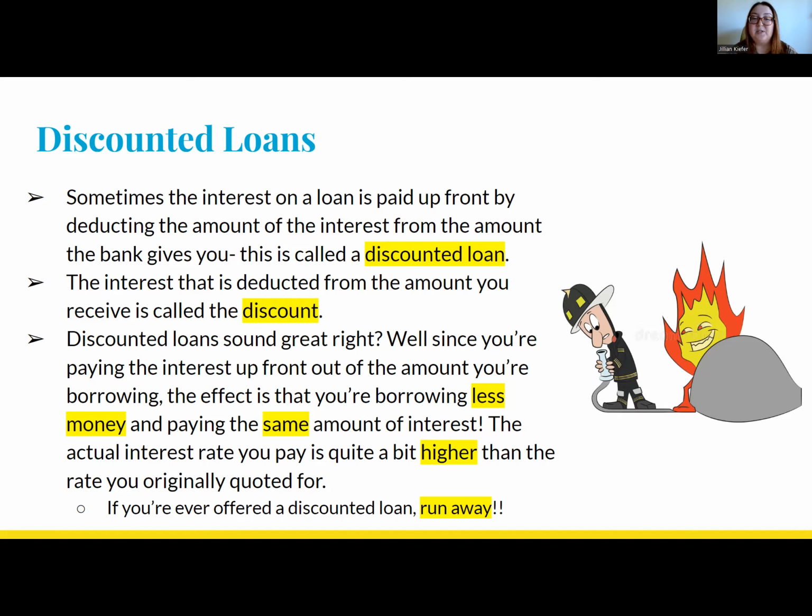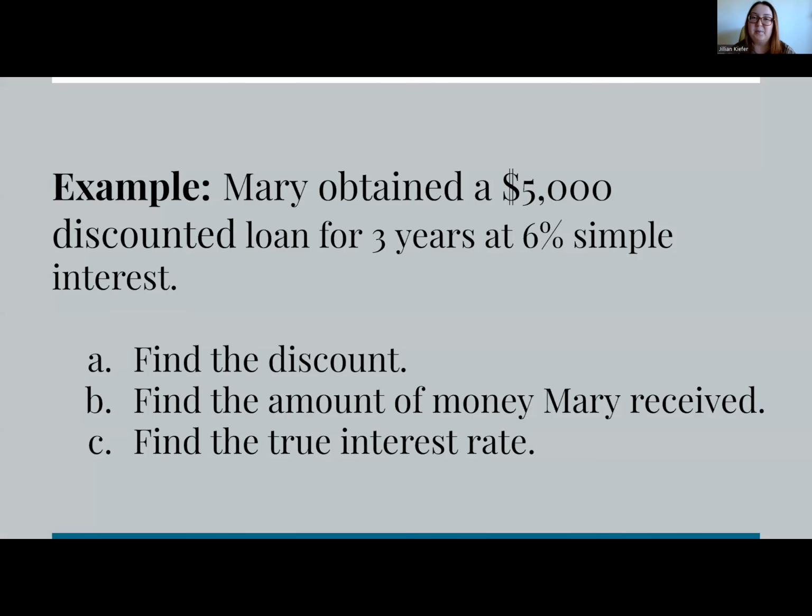The actual interest rate that you pay will be quite a bit higher than the rate you were originally quoted. So if you're ever offered a discounted loan, you should probably not take it. You should probably run away. The interest that you end up paying will be higher depending on the value of the loan. We'll see how that works out in our next example.